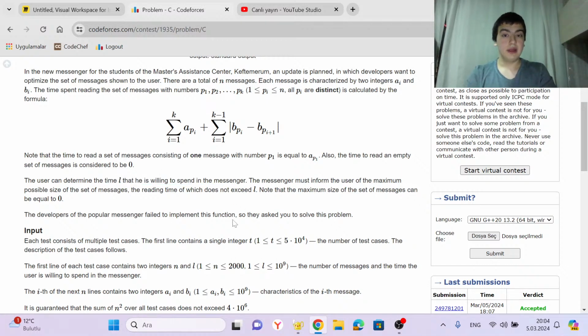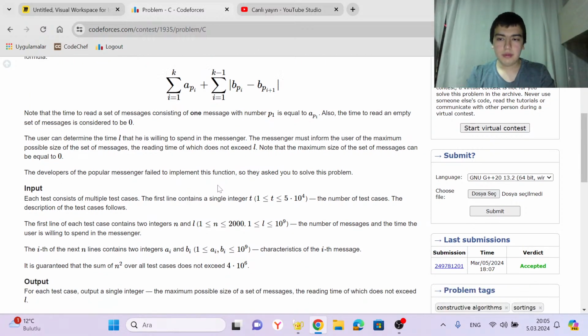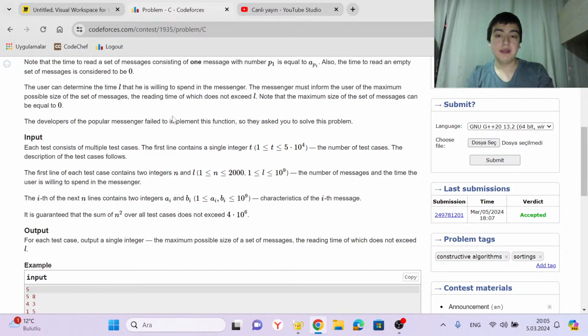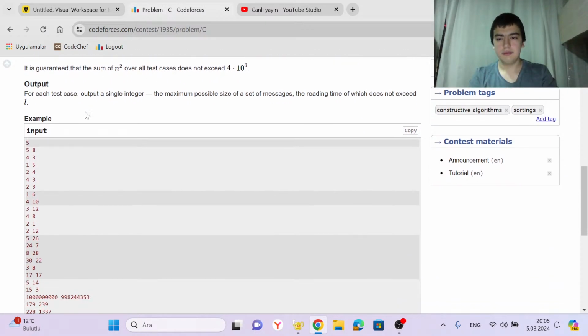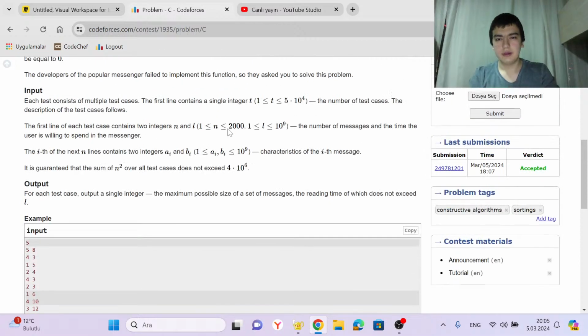We have only L minutes and we want to read as many messages as possible. If we cannot read any messages, our score will be 0. n is smaller than 2000. L is smaller than 1 billion.